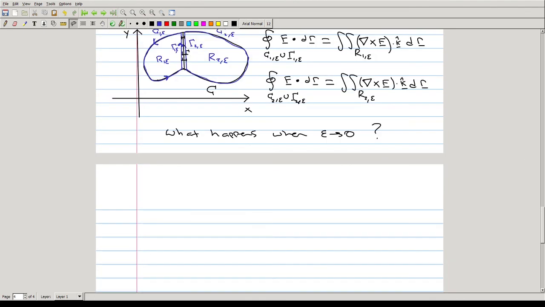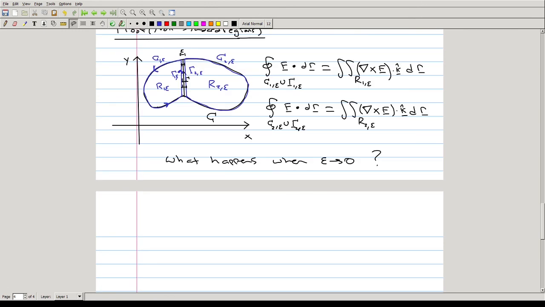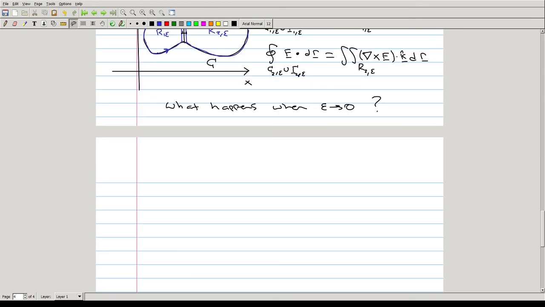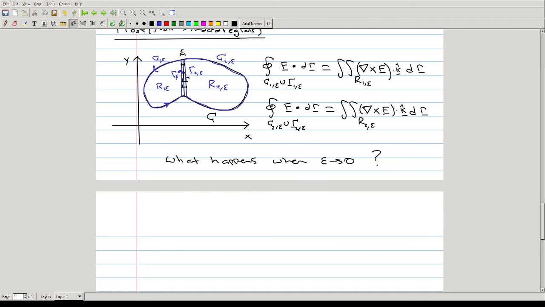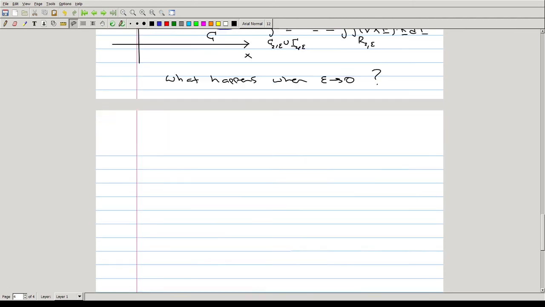So specifically, we'll consider what happens when we add these two expressions together and then take this limit as epsilon goes to 0. Specifically, when I add these two expressions together, we get the closed contour integral over C1 epsilon union C2 epsilon union gamma 1 epsilon union gamma 2 epsilon.